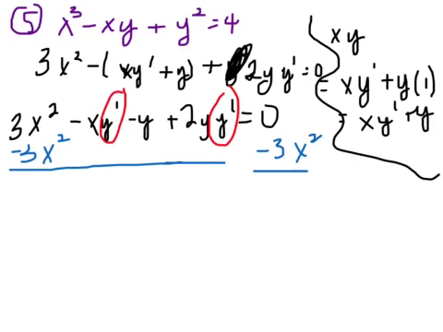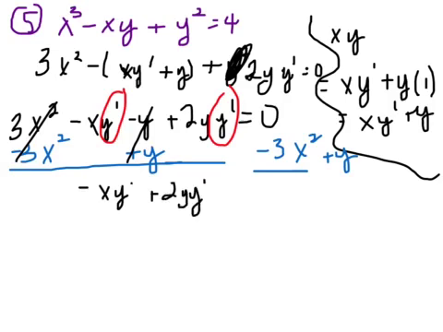I could move the 3x squared to the other side by subtracting it, and I can move the minus y to the other side by adding y. So that's what I'm going to do, and I'll just do it in one step so I wouldn't have to go to a new page or anything. So what I have left on the left-hand side is negative x times y prime plus 2y y prime, and since I moved the other stuff to the other side, it's negative 3x squared plus y over there now.